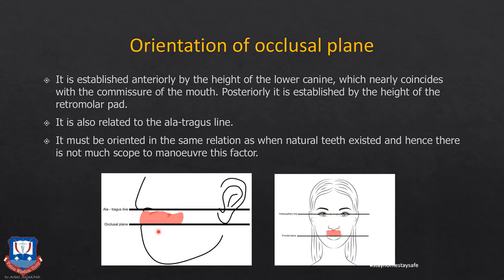And in the mandibular complete denture, the occlusal plane should extend up to the two-thirds of the retromolar pad. Usually the aim is to provide an occlusal plane which is midway between the occluding ridges, that is between the edentulous maxillary and mandibular ridges. It is oriented in the same relationship as when the natural teeth existed. Hence, there is not much scope to maneuver the occlusal plane. But yes, as I mentioned, if the incisal or condylar guidance is very steep, the occlusal plane instead of horizontal can be made slightly steeper.